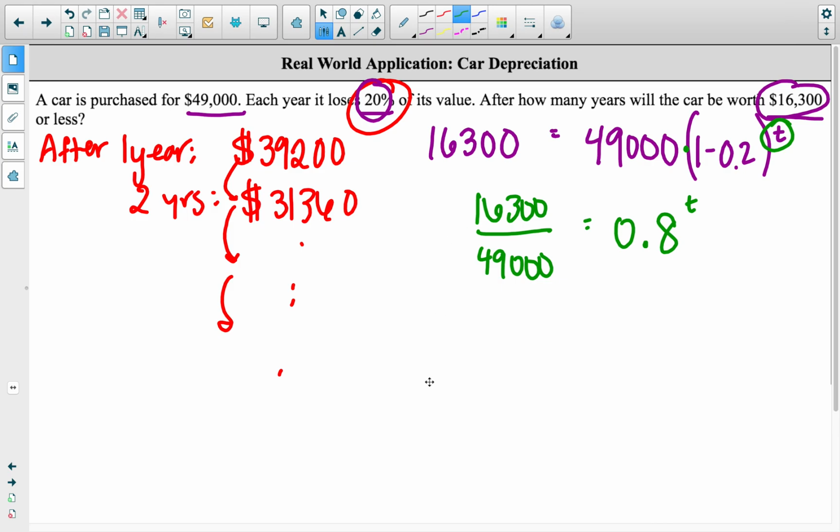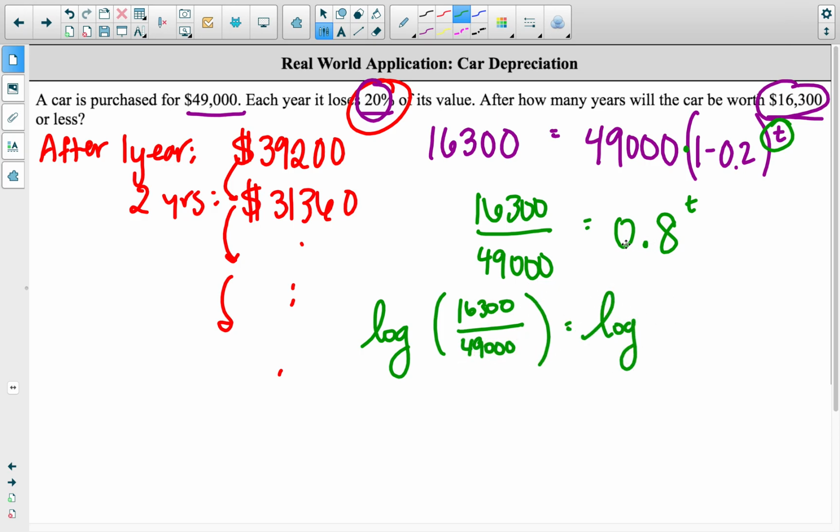Now let's take the common log of both sides. If you wanted, you could take the log base 0.8. It would probably be a quicker way to get your solution.